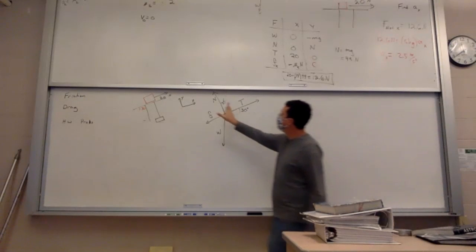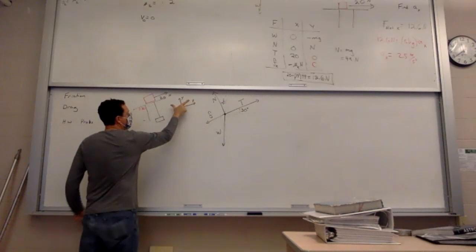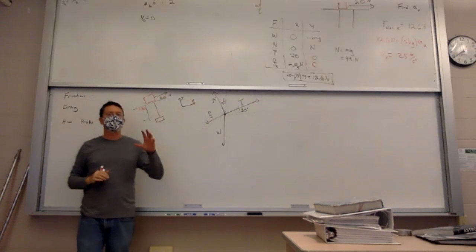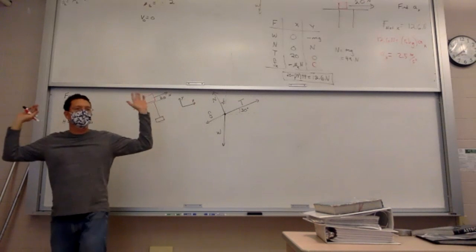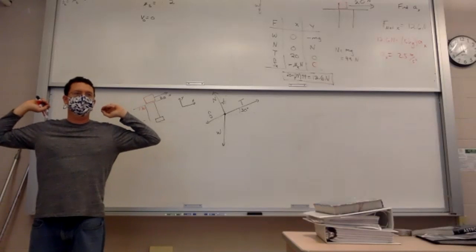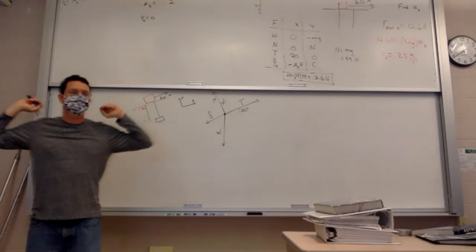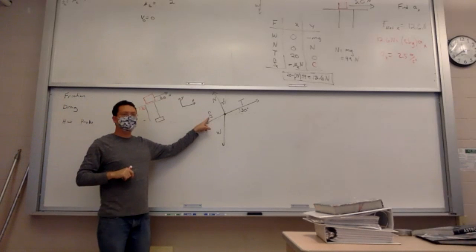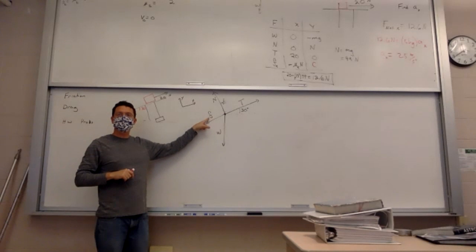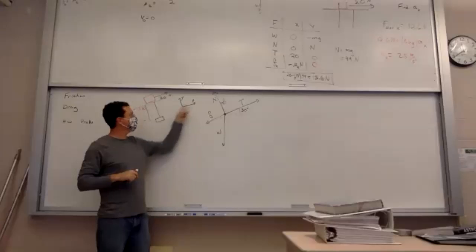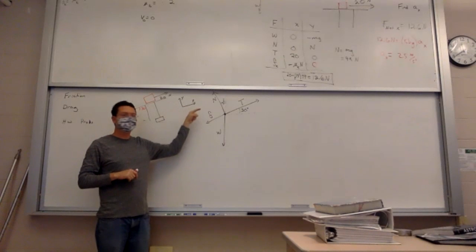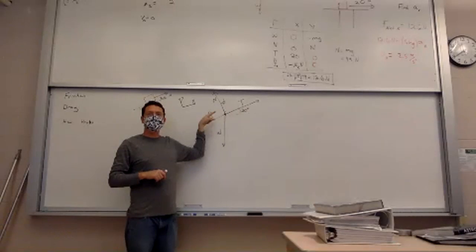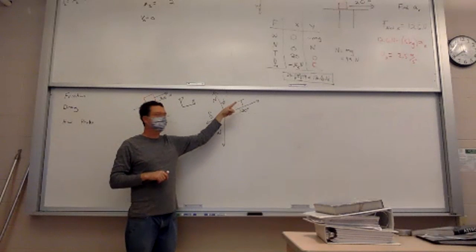Now, if this is x and y, which are the forces that are already aligned with the axes? Well, friction's only in the x direction, because x is along the table. Tension is in the x direction, because it's along the table.